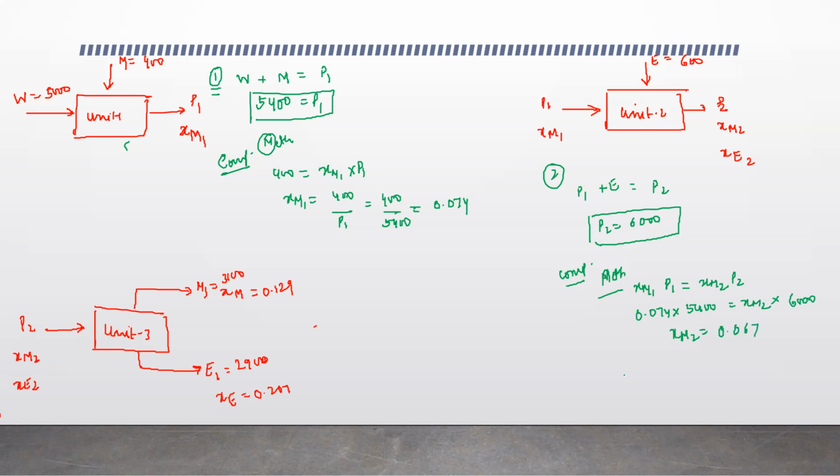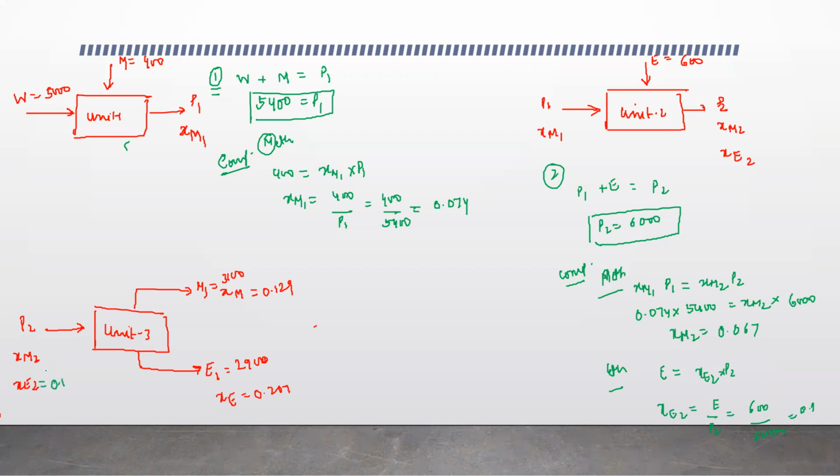Then you do the ethanol balance: ethanol coming in, that is E, equals ethanol in P2, that is XE2 into P2. So XE2 is E upon P2, that is 600 upon 6000, which is 0.1. So XE2 is 0.1.